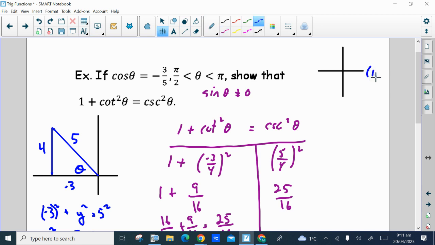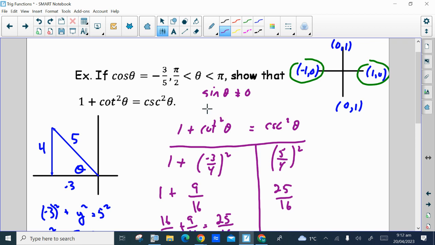So to get to this point, you're going 1 to the right and 0 units up or down. This is 0, 1. This is negative 1, 0, 0, negative 1. And then you have to remember as well that the first number at each point on the unit circle tells you the cosine of that angle. The second number tells you the sine. So the spots where the sine is 0 is there and there.